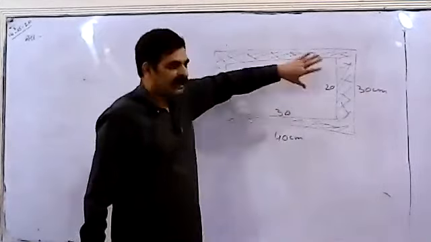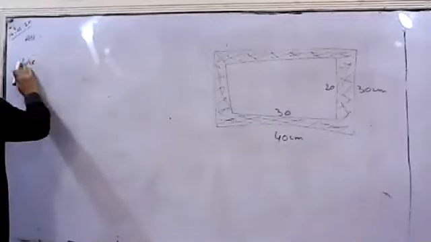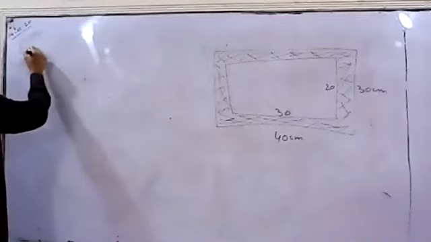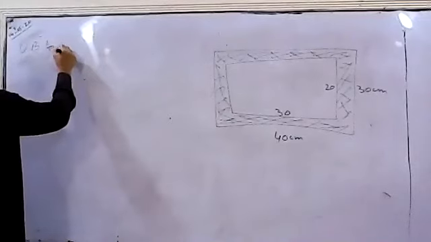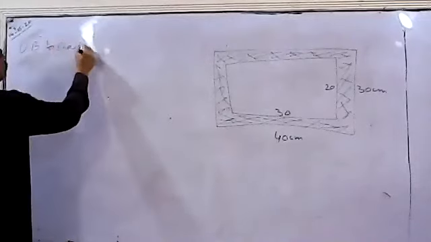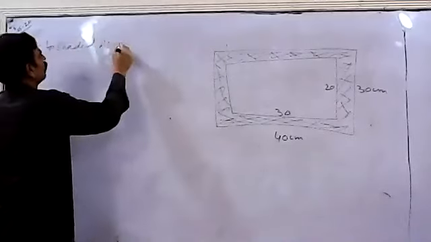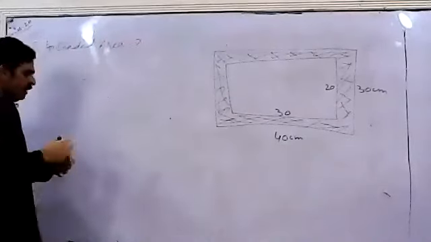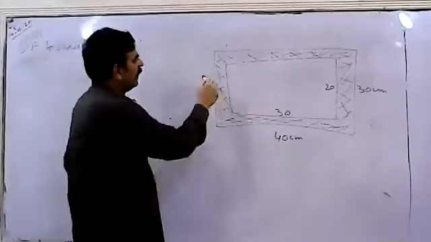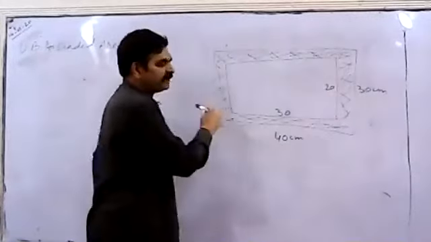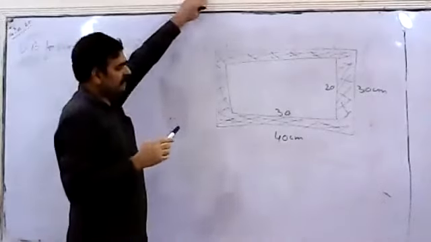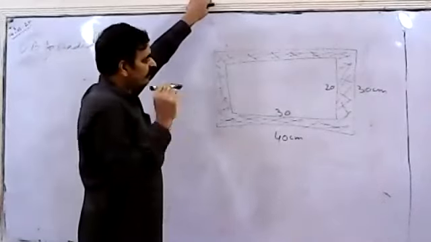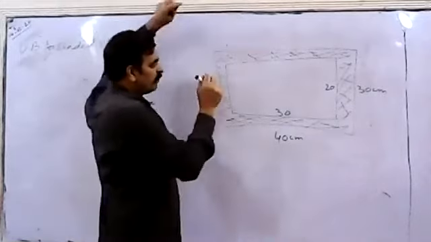But students, if the upper bound for the shaded area is required, this is the question actually, we will find the upper bound and lower bound of this shaded area. First of all, we will find the upper bound.